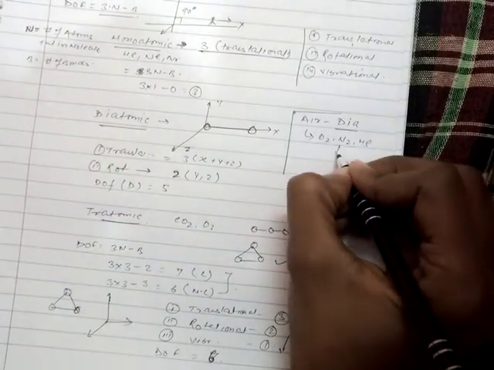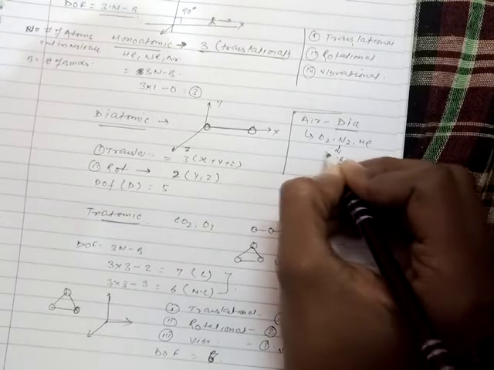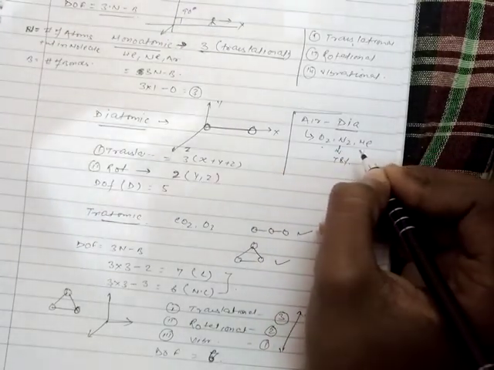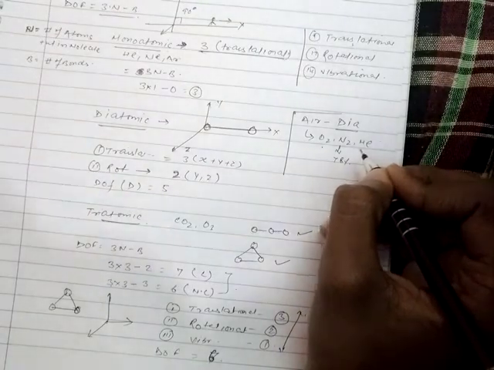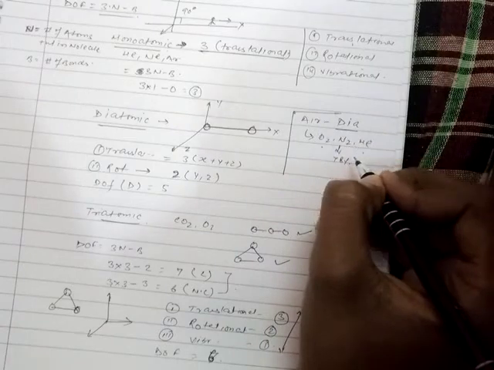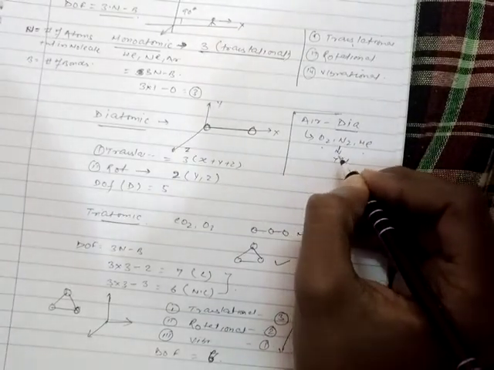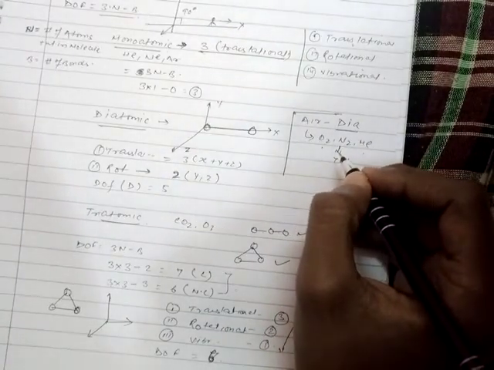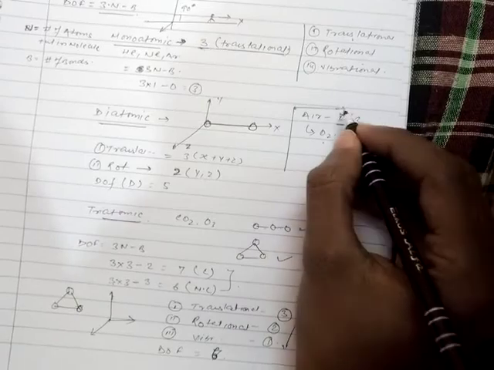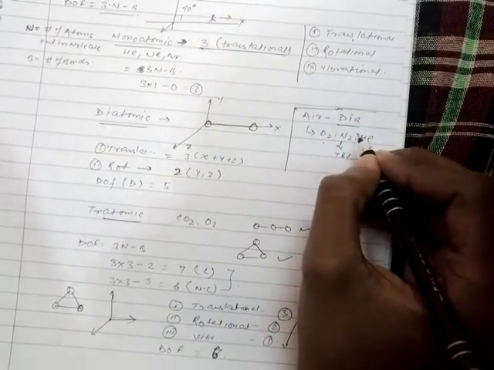We know that nitrogen is present at 78%, then oxygen, then helium. So the diatomic gases have a large amount in air, so we consider air as diatomic molecules.